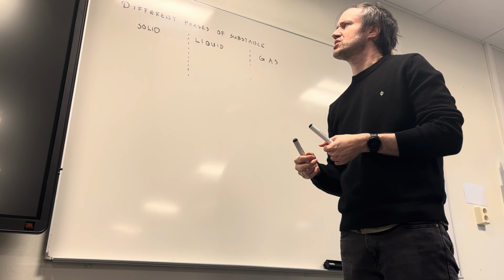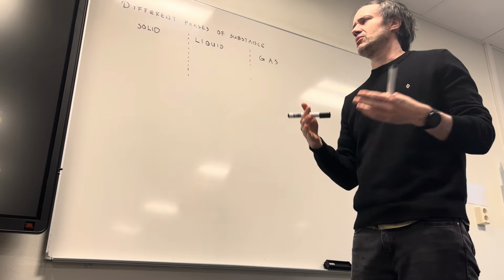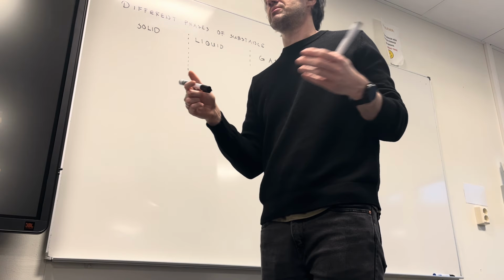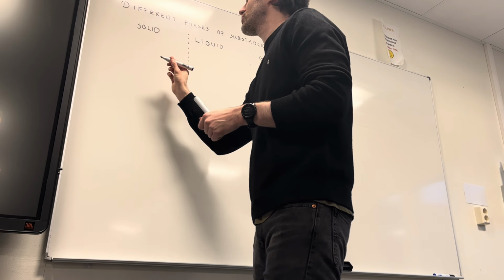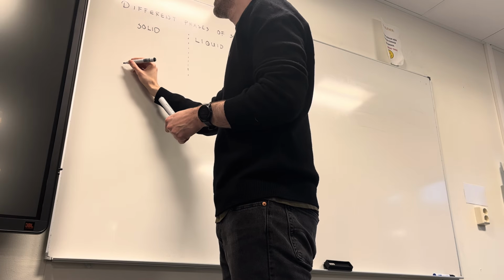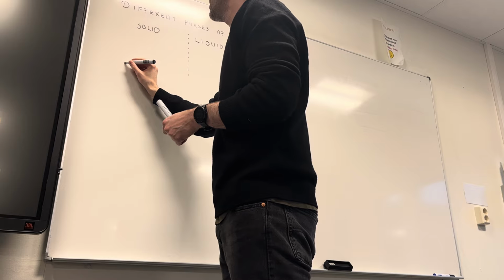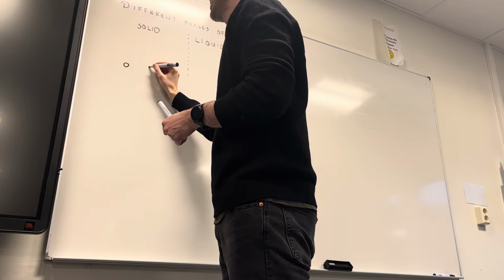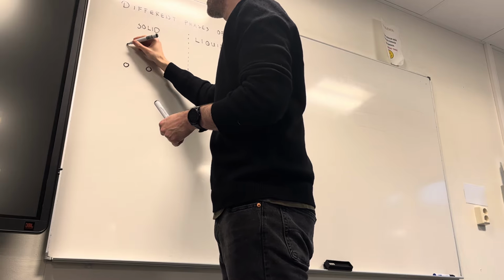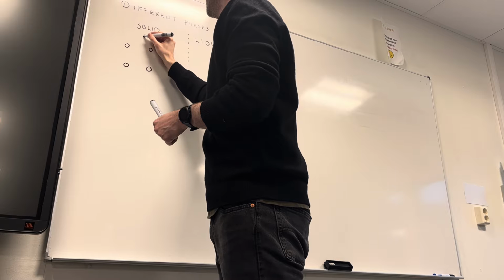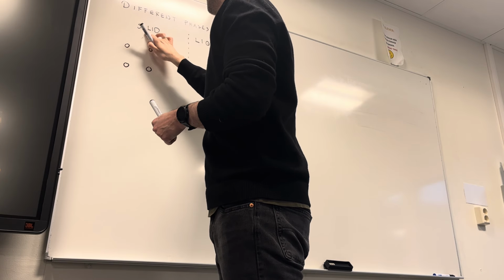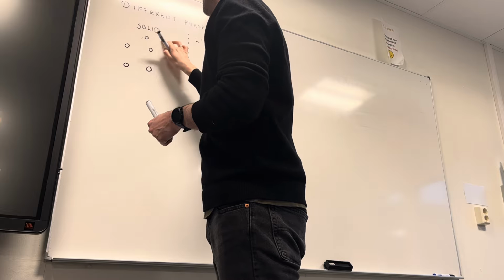When we in physics want to draw a solid, we like to think about the particles. So for any solid, you will kind of draw a three-dimensional lattice, just explaining that in a solid, the particles making up that substance are in fixed positions.